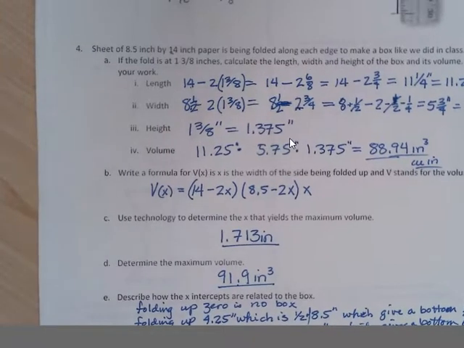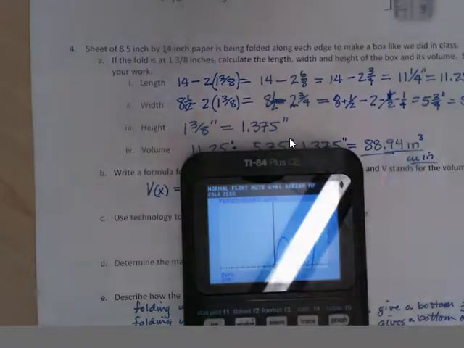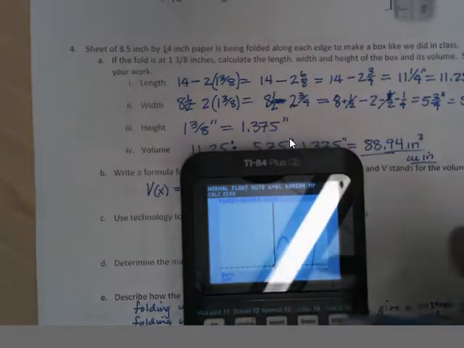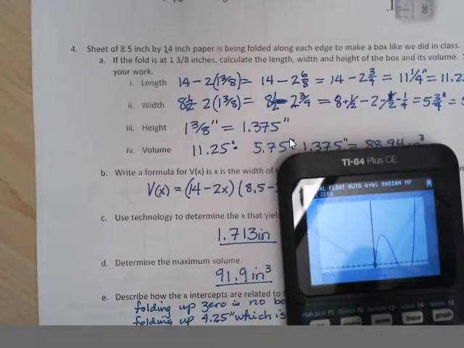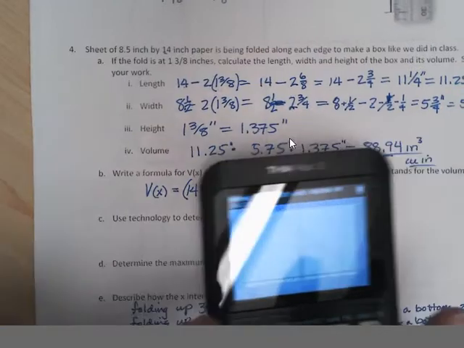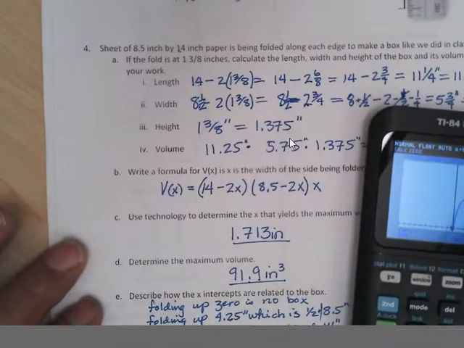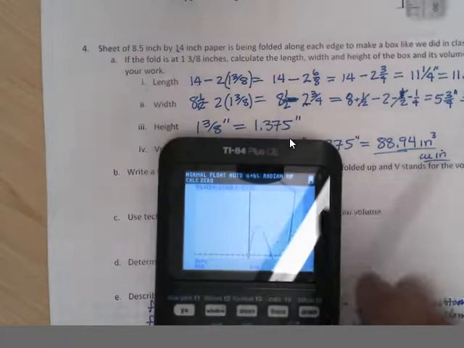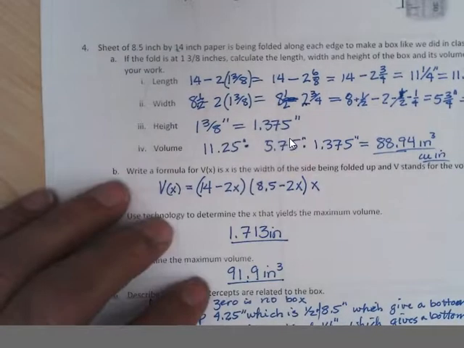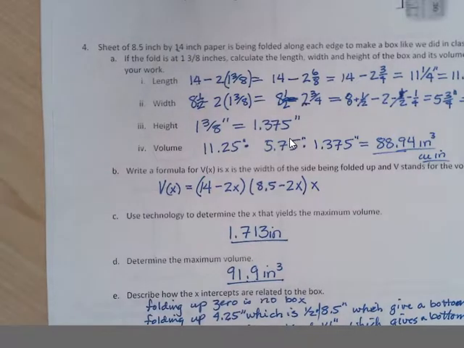And what's the range? The range is, again, the y values. What do you get out if you do something between 0 and 4.25? Well, if you don't do 0 and you don't do 4.25, you won't get 0. So you're not going to get 0, but you will get up all the way to your maximum, which was 91.9. Now that's a rounded off number, so you can put a bracket or a parenthesis.